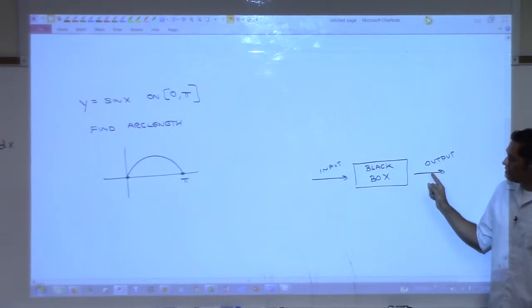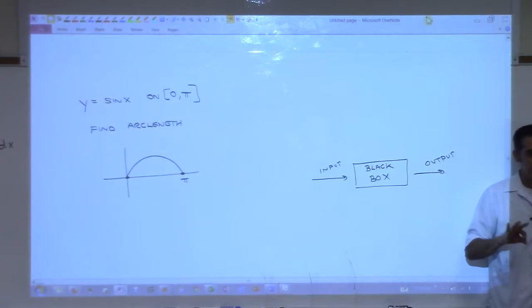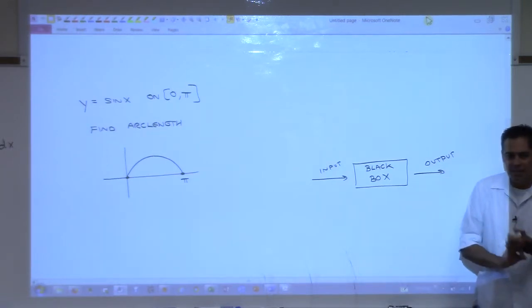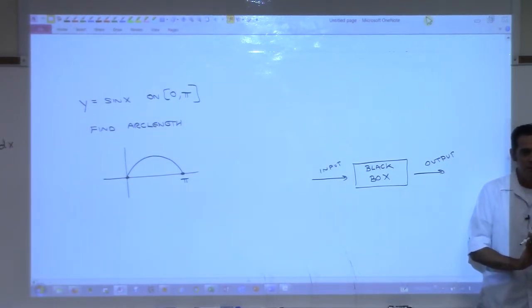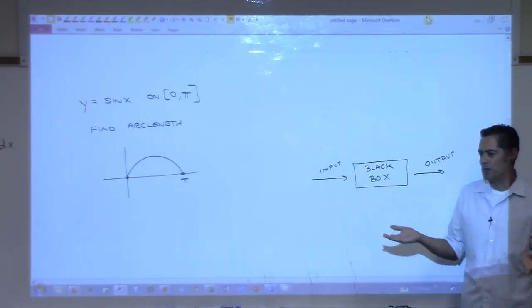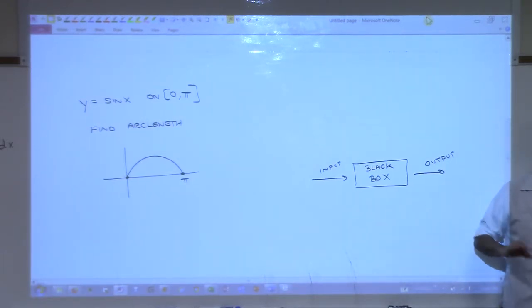So my project in this class was to take three commonly used software platforms and find any algorithm that was already built into the machine. To be simple, maybe it was the square root function, something pre-programmed into the machine.